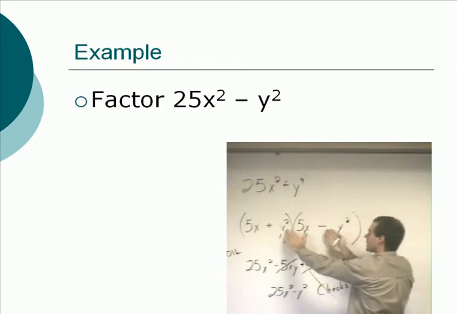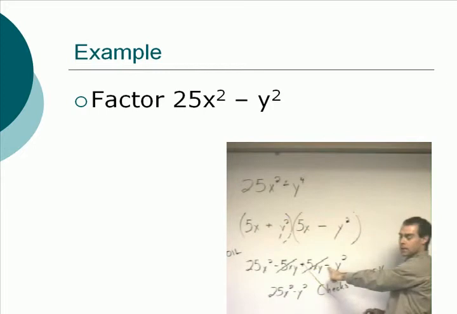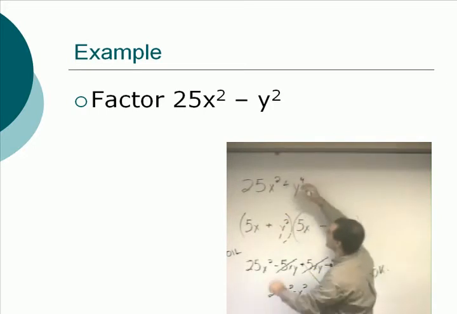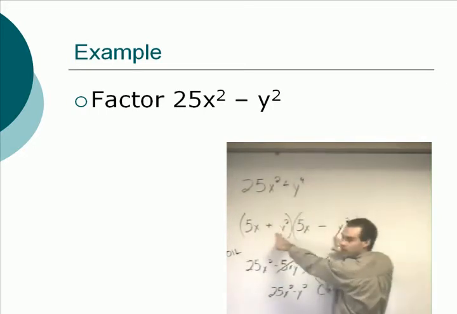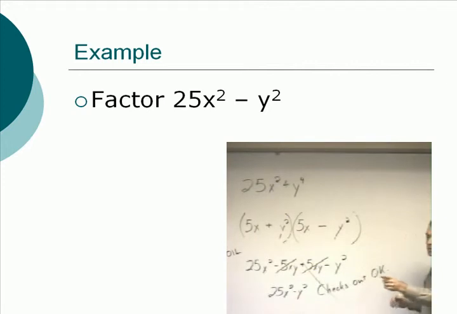A positive times a negative has to give you a negative y squared. If that's positive, don't these last two terms have to have the same sign, either both positive or both negative? And if they're the same sign, then the O and I terms will not cancel out. It's a good question. So that's why it's called the difference of squares. It has to be subtraction, otherwise it's no deal.